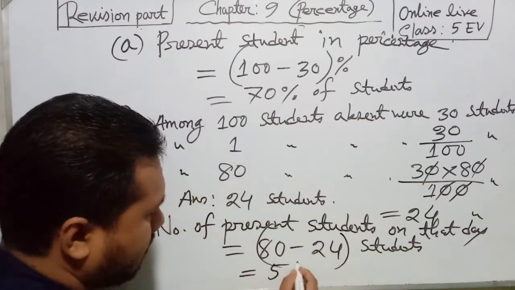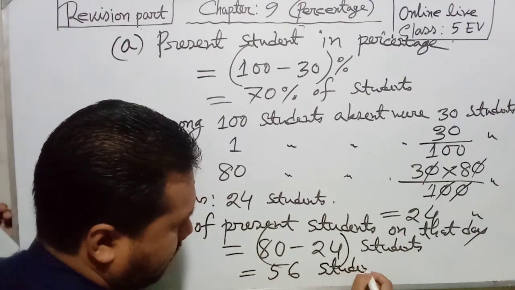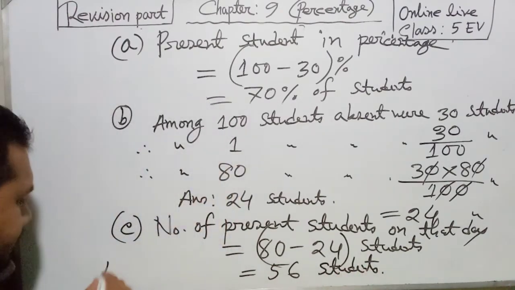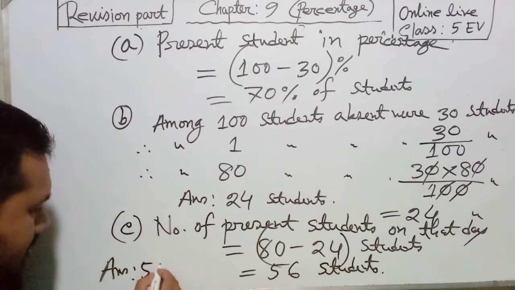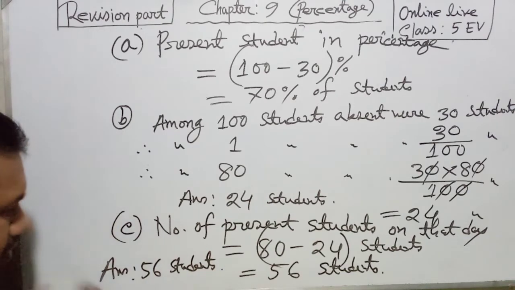That means 56 students. So our answer is 56 students. So this is the answer.